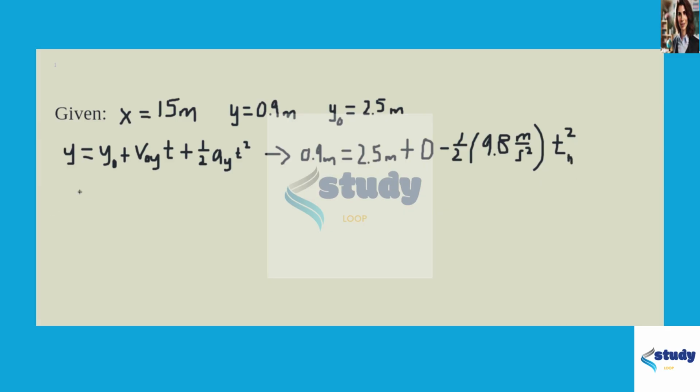Now let's solve for the time it takes to get to the net, t sub n. This is going to be equal to the square root, since t is squared. We have 2, from the 1/2, multiplied by 0.9 minus 2.5 meters, which is minus 1.6 meters, divided by the negative 9.8 meters per second squared from gravity.